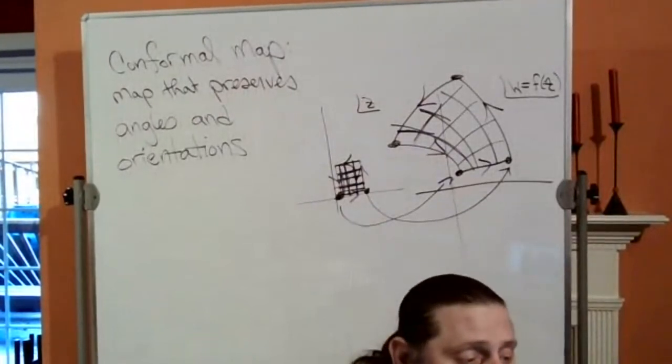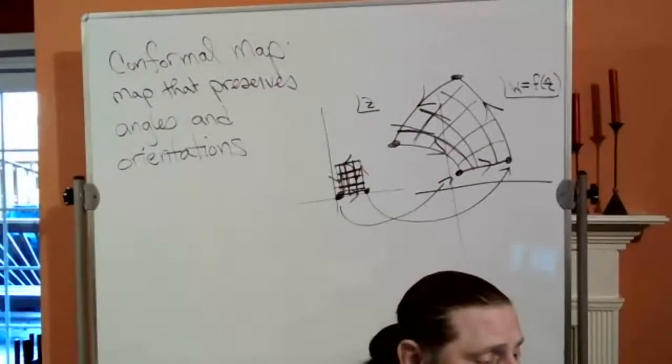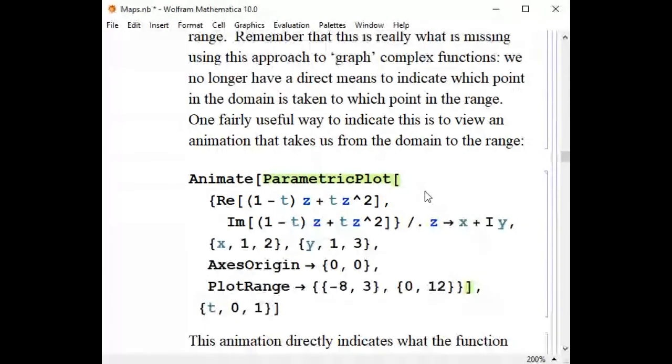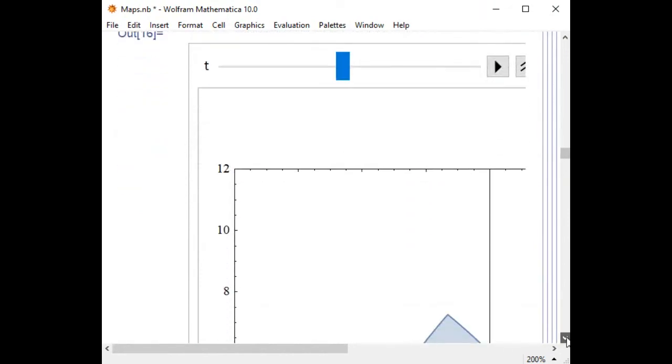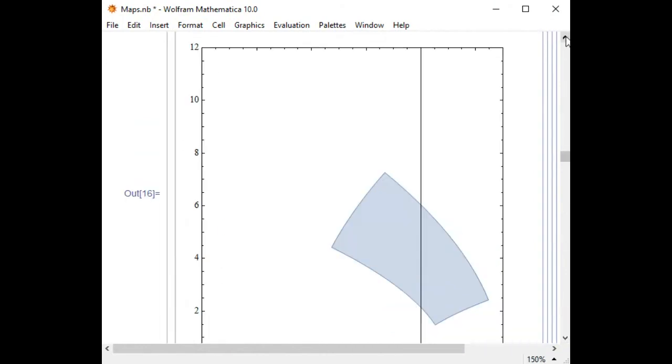So let's see another example. Oh, so this is an animation that shows how the rectangle becomes that sort of funny shape. All right, so let's see. There it goes. All right. I think I'm going to need to make it a little bit smaller, but we can see it all at the same time.